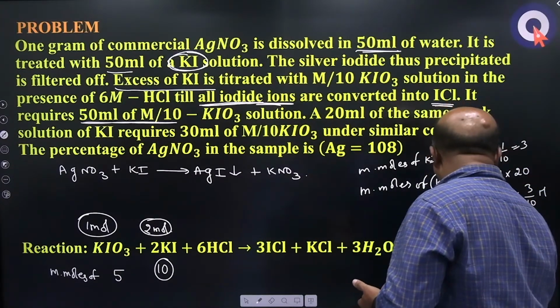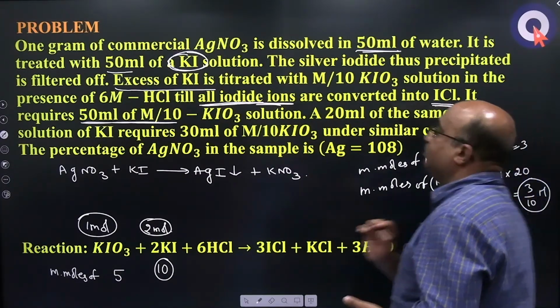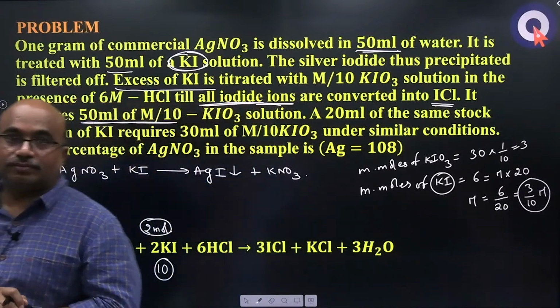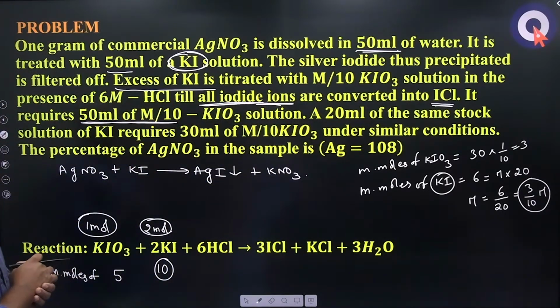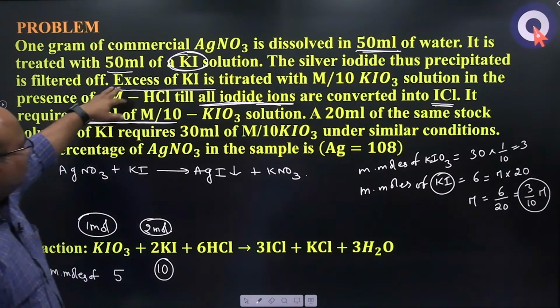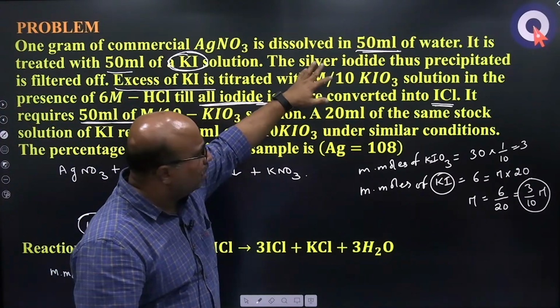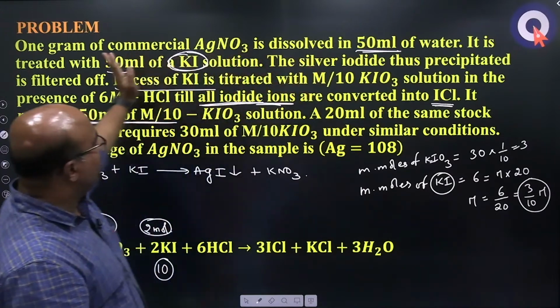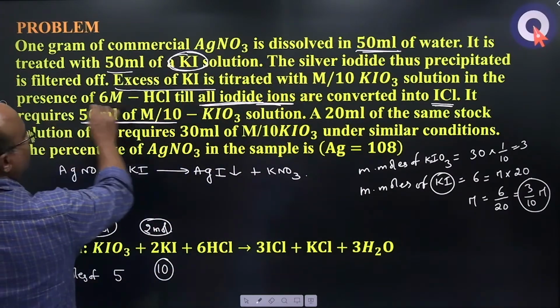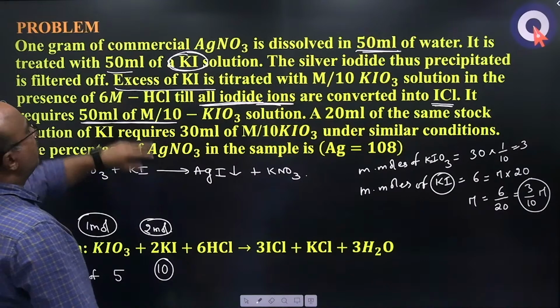So KI solution concentration is 3 by 10. Clear? So maybe this process is not anyhow required. Maybe here they wanted to do something, but this information was not that much useful for us. Now we know the concentration of KI.